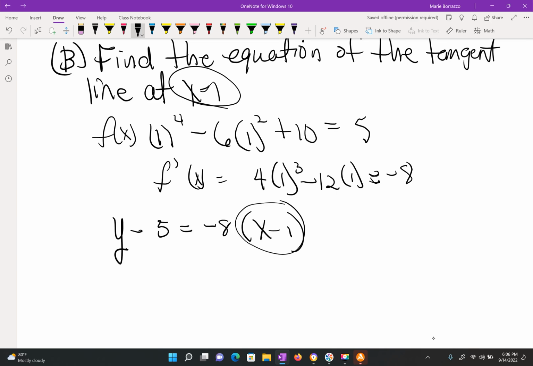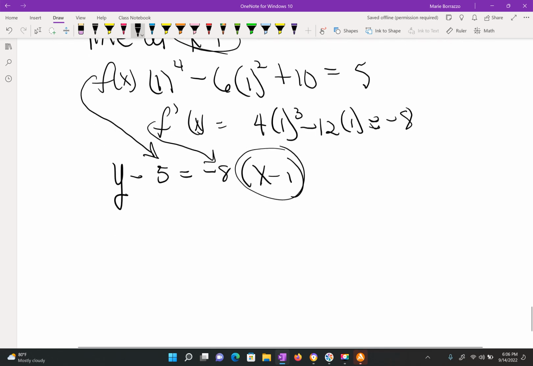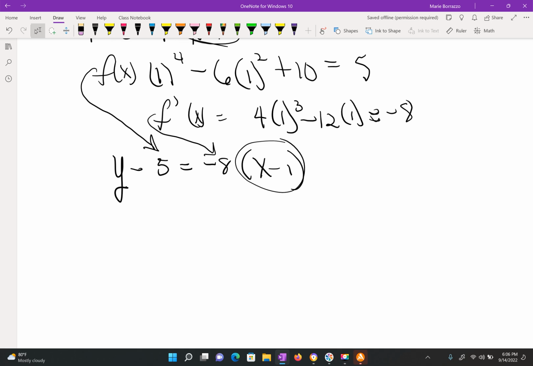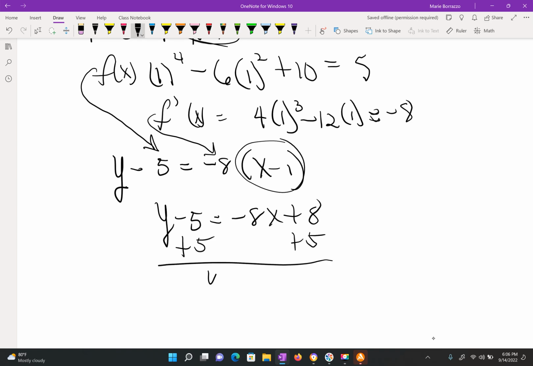This gives us the slope, and this gives us one of the y's. And so doing a little math, we know that we have y minus 5 is equal to negative 8x plus 8. And if I add the 5 to both sides, I have the equation, which is y equals negative 8x plus 13. Done.